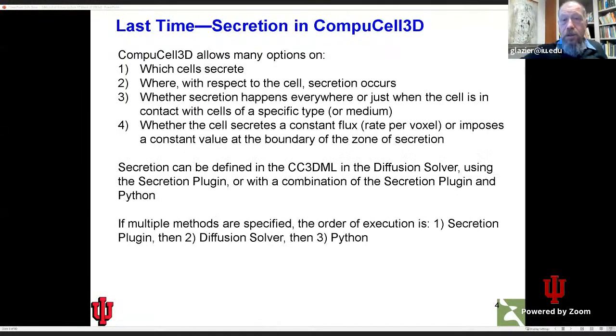Okay, so I want to review a little bit about what we did 2 weeks ago, which is a while ago. We talked about secretion and absorption. Secretion and absorption are not exactly the same in CompuCell, partly because they don't behave exactly the same way biologically.